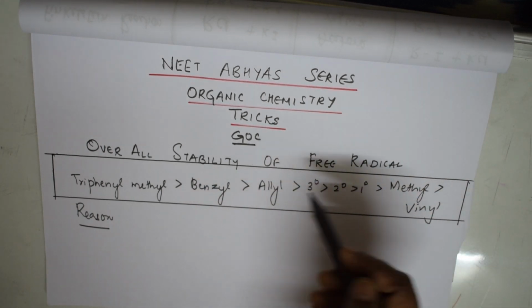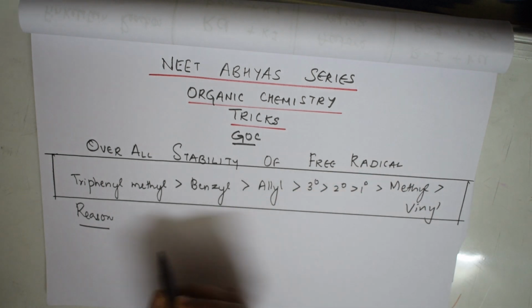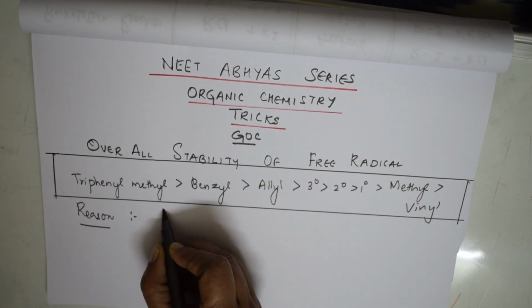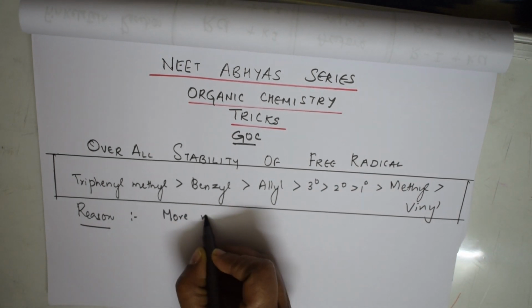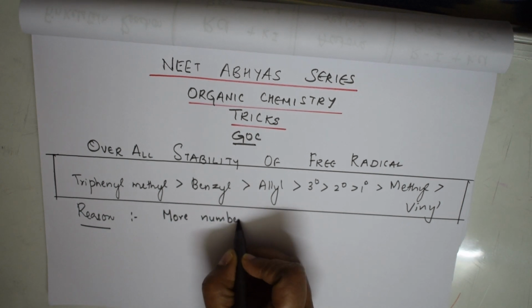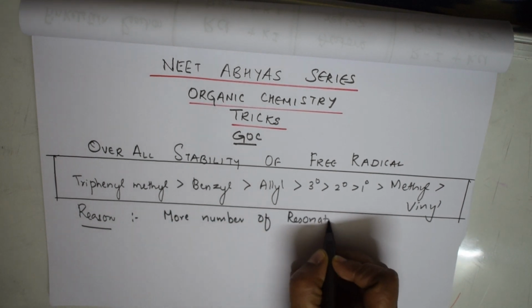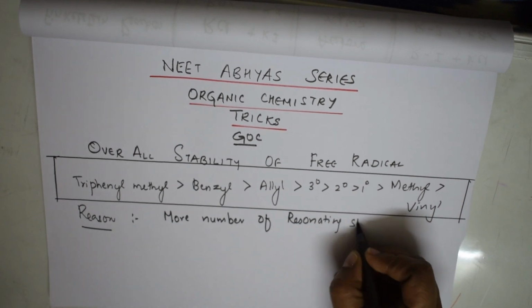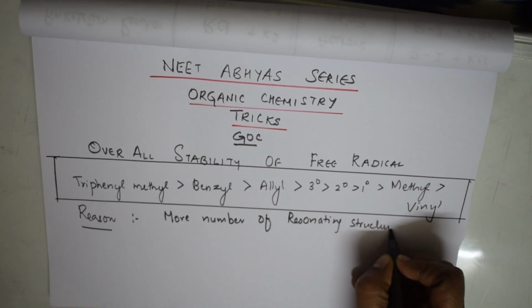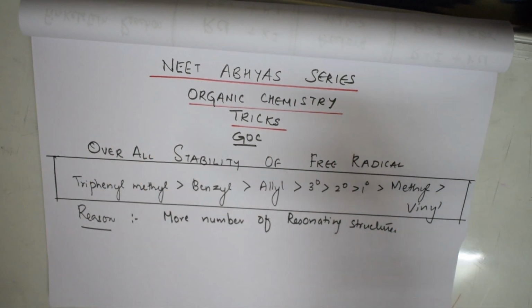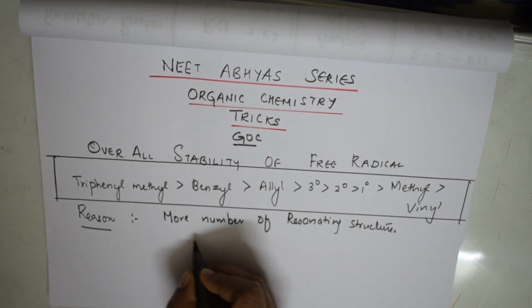So whenever you're checking free radical stability, the first important thing to remember: the more the number of resonating structures, the more would be the stability. Here 3 are there, so more resonance, so more would be the stability.